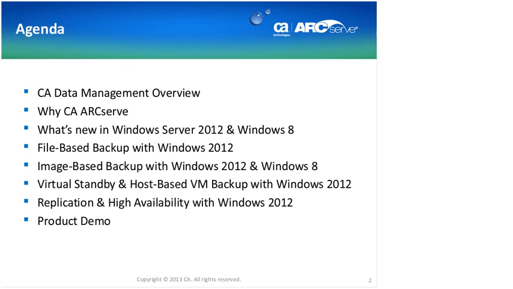After that, we will look at the new features in Windows Server 2012 and Windows 8, followed by a file-based backup solution with Windows 2012. Then we have the image-based backup with Windows 2012 and Windows 8, followed by virtual standby and host-based VM backup with Windows 2012. Lastly, we will have replication and high availability with Windows 2012.